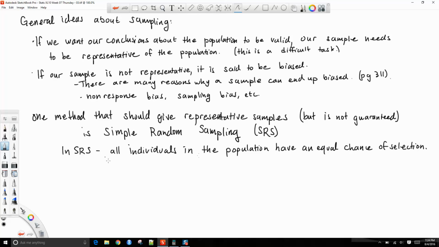Okay, and all possible samples have an equal chance of selection.